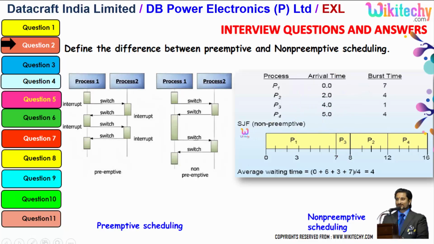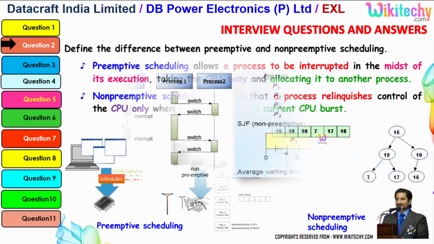Since it's shortest job first, P2, P3 and P4 are there. Which one is the shortest job? The one which came before and is waiting. So P3 will be executed, and afterwards P2 and P4 are both the same, but P2 came first. So P2 is executed and then P4 is executed. This is how non-preemptive scheduling is.